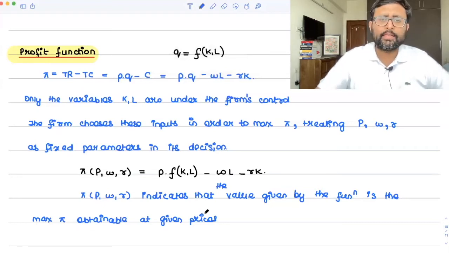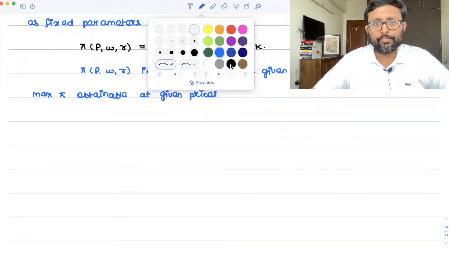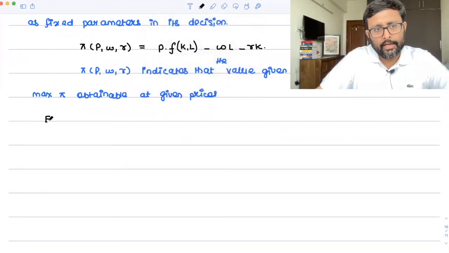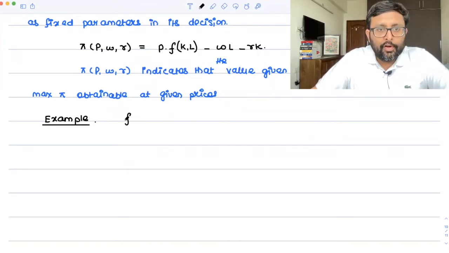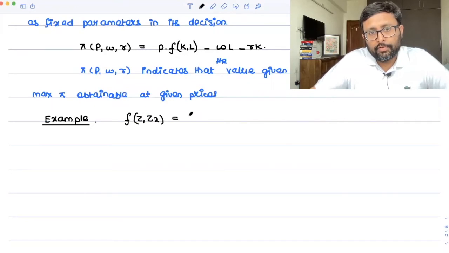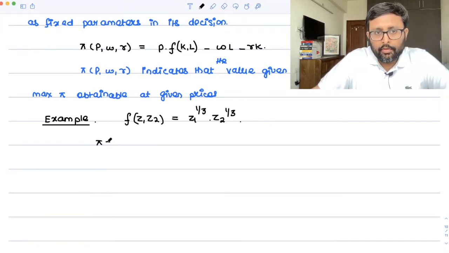So let's look at one simple numerical, so you will get to know what exactly I mean. Supposedly, if you have two inputs, Z1 and Z2, and the production function which is given to you is this, right? And you write the profit, which is price into quantity.